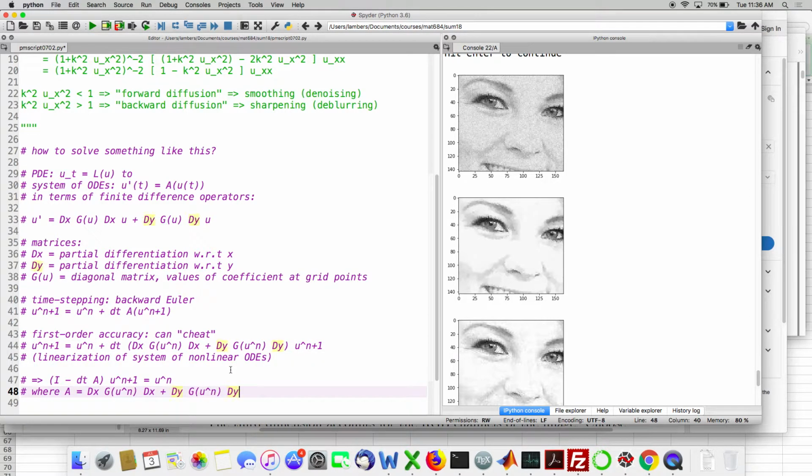Okay. So now I can just solve a system of equations every time step. Now, because I'm linearizing, that immediately knocks me down to first order accuracy in time. But backward Euler is a first order accurate method anyway, so that's okay.